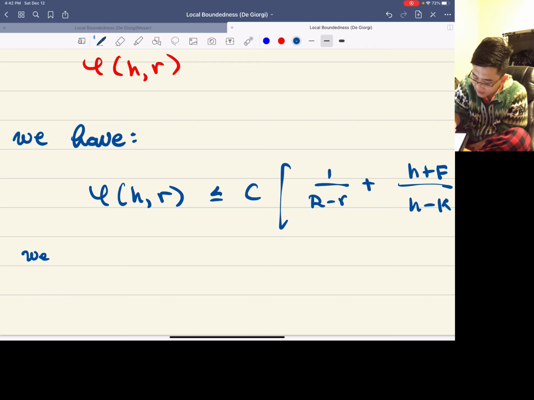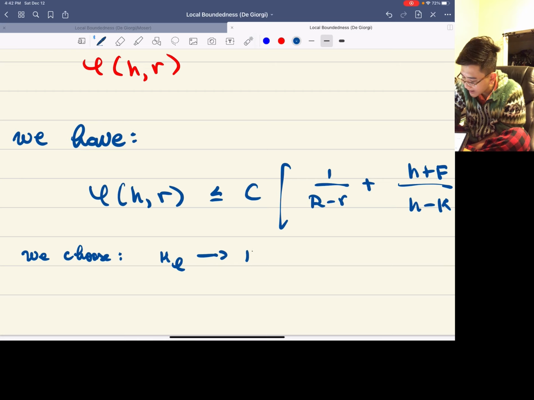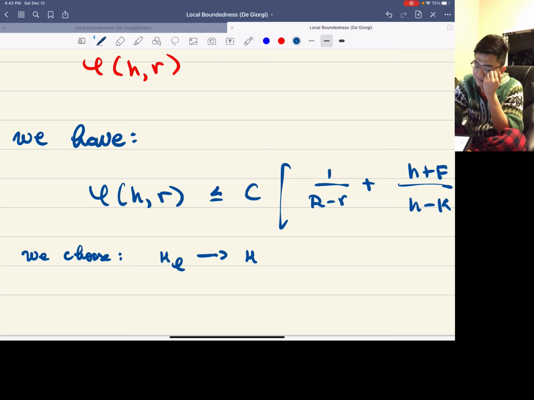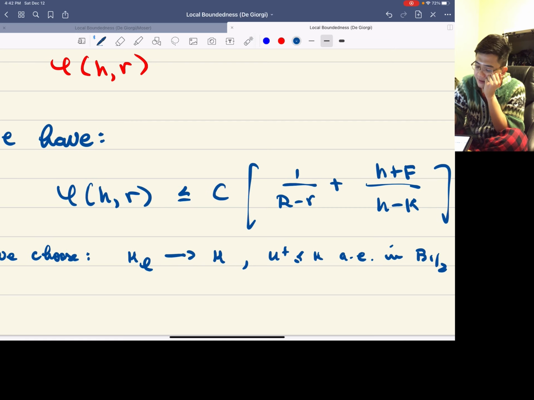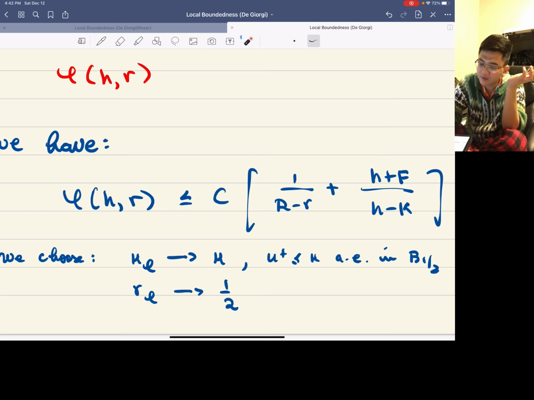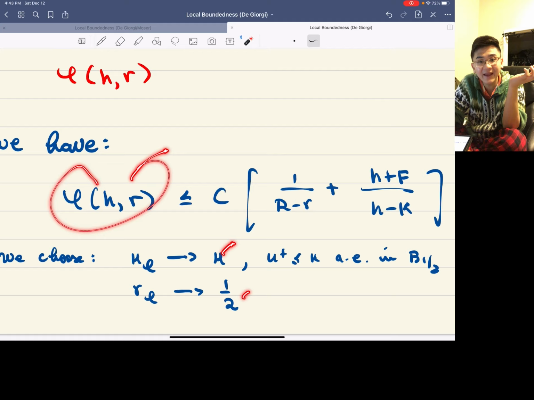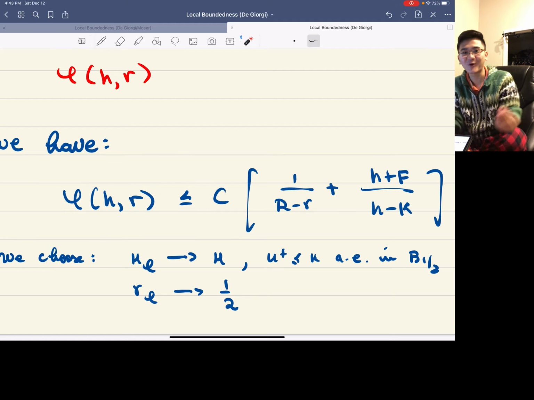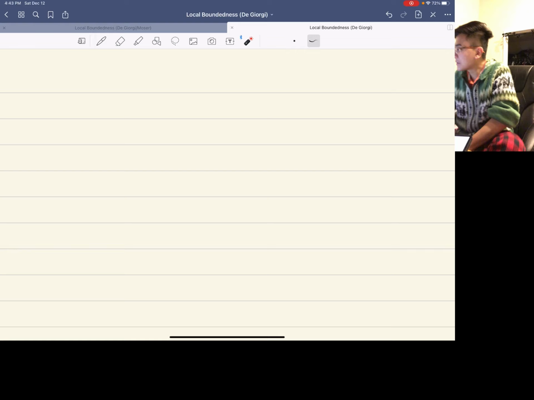We choose a sequence where k_l would converge to the k that we want, meaning the k for which u is at most k almost everywhere in B_{1/2}, and r_l would converge to 1/2. Okay, so this is what we want, because we want this to converge to phi of k, r equals 1/2, and we want to show that that is equal to 0. Okay. So how do we do that?